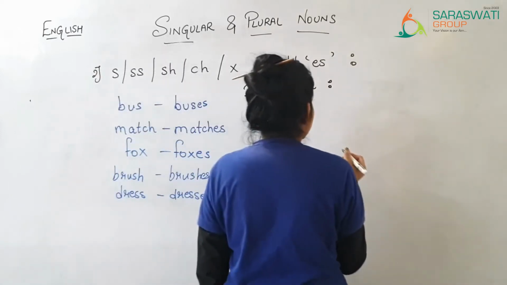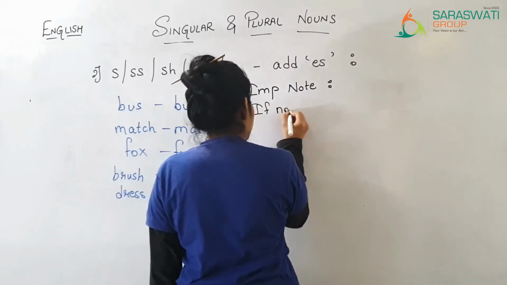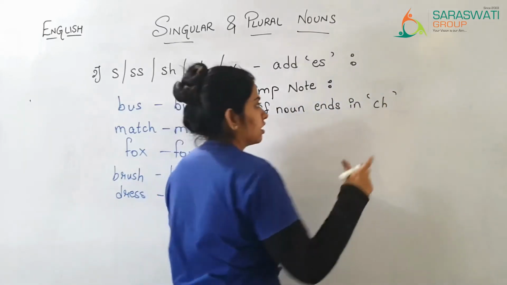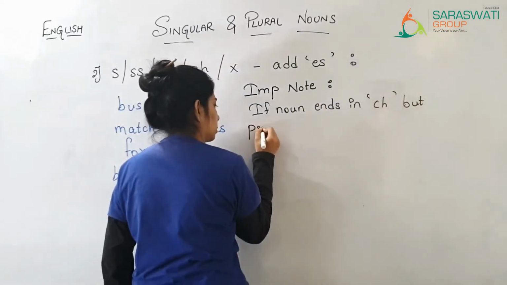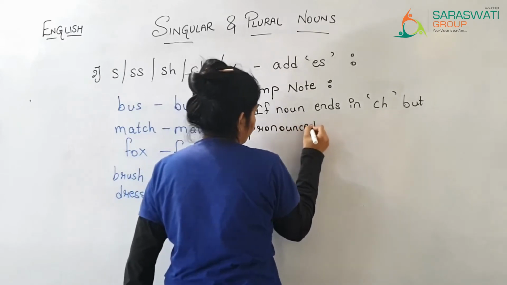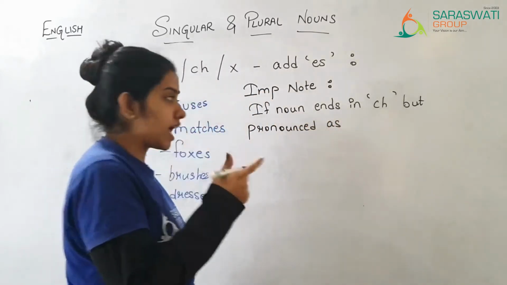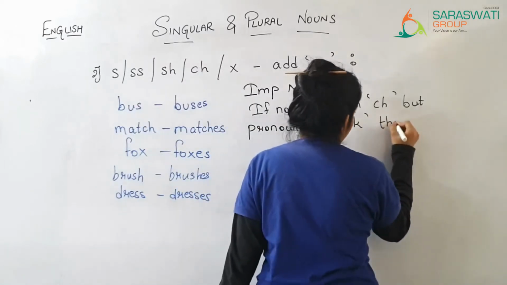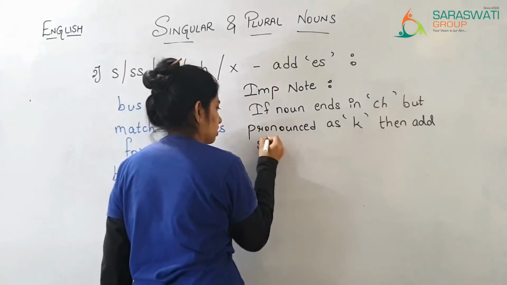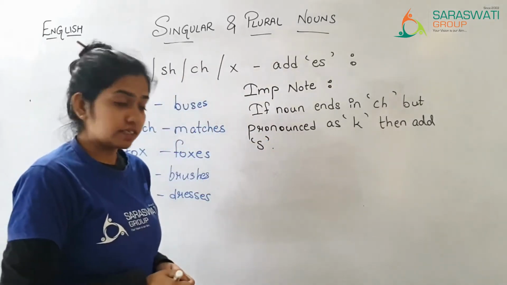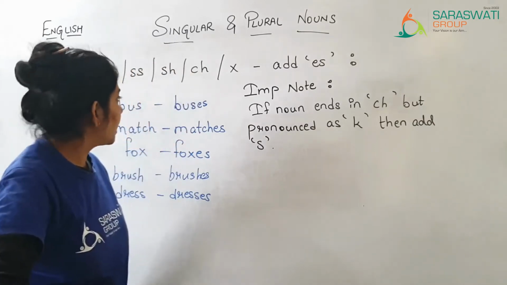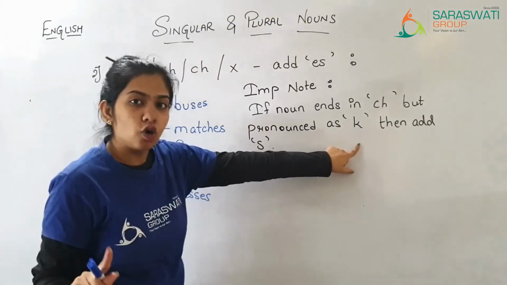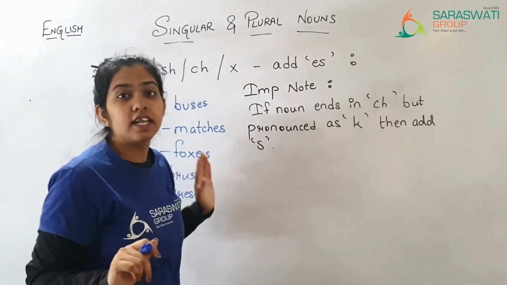If a noun ends in ch, but is pronounced as k, then you are supposed to add s, not es.